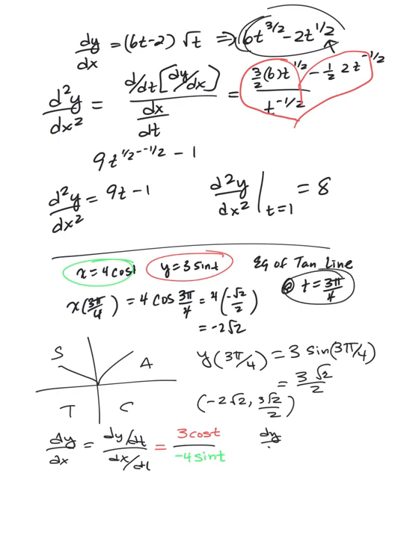So dy/dx at t equals 3 pi over 4 is going to be 3 times cosine 3 pi over 4, which I told you before is negative root 2 over 2, divided by negative 4 times sine 3 pi over 4.